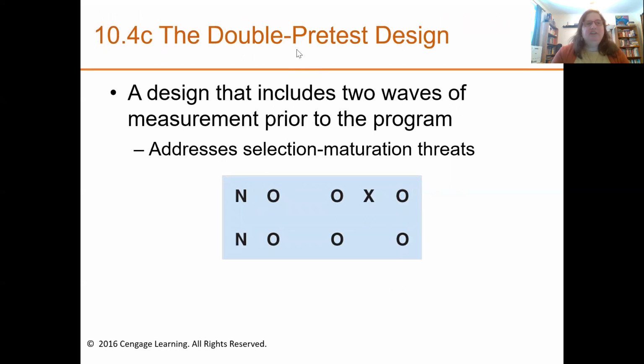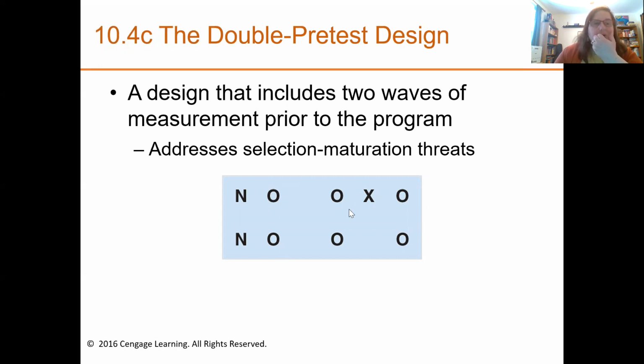And the double pretest design, a design that includes two waves of measurement prior to the program. This is kind of cool because it can address maturation, and particularly selection maturation threats, because if there's going to be something that happens between here and here, between the first two O's, you'll catch it.